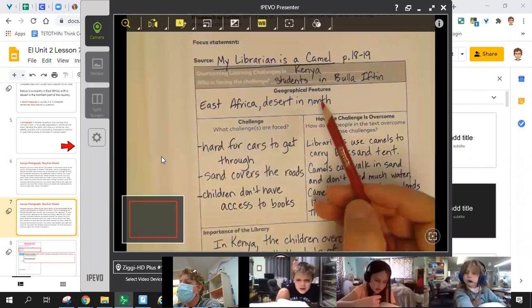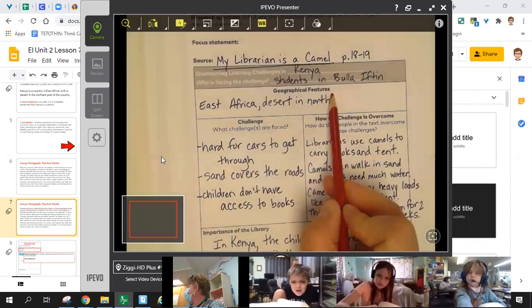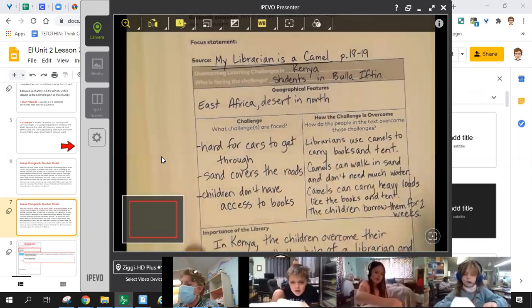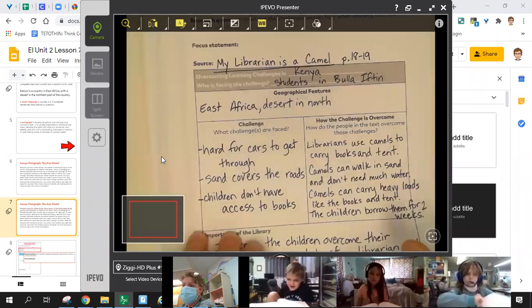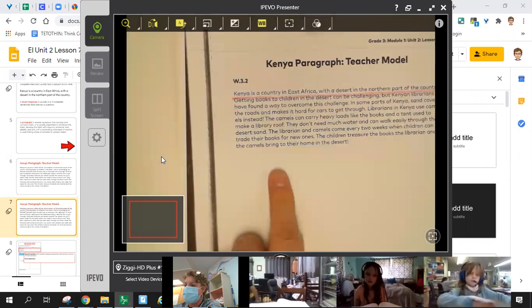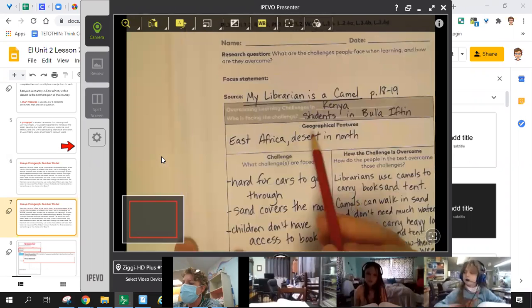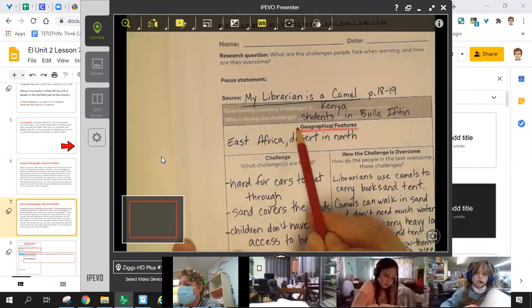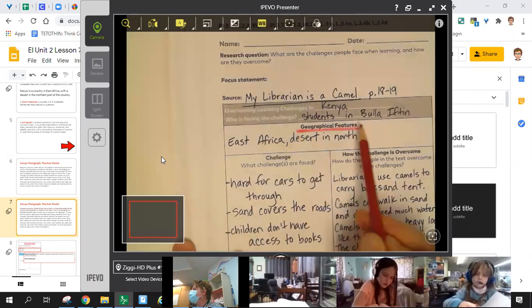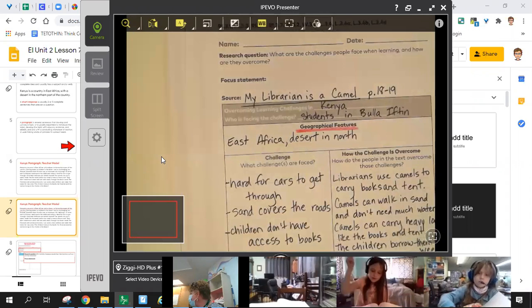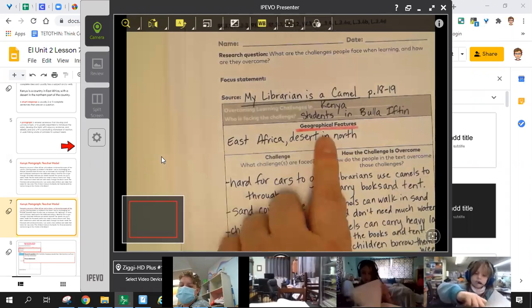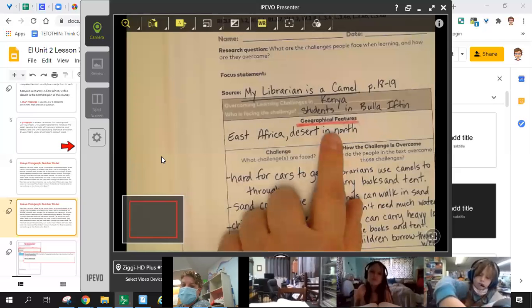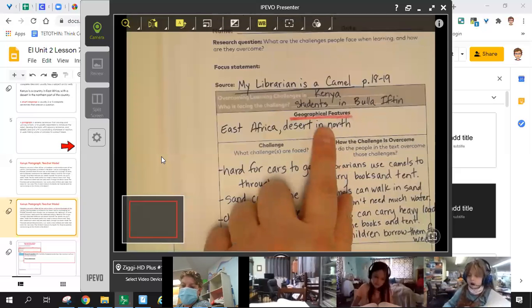Very good. In the geographical features section, right? So I colored this part red. So I am also going to color my geographical features. I'm going to underline that in red, because that part of our note catcher helped us with that sentence. So did everybody at home, do you see that on page 38? Did you get that colored for me in red?